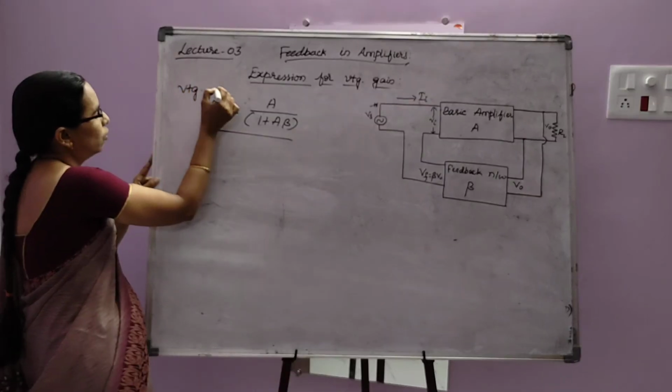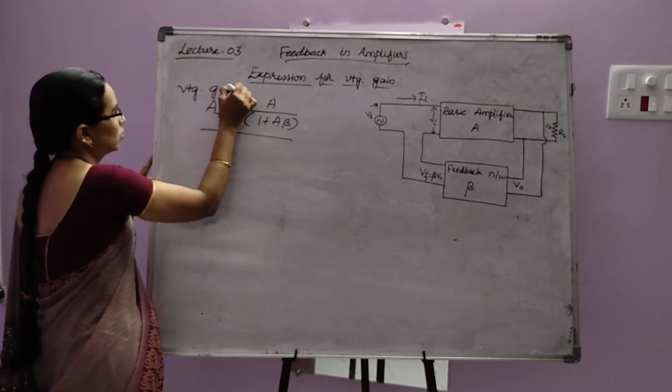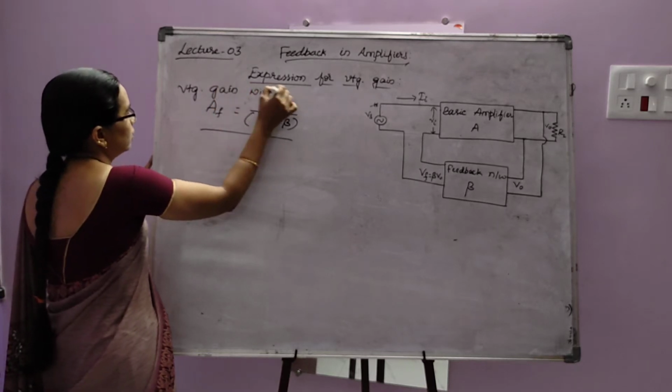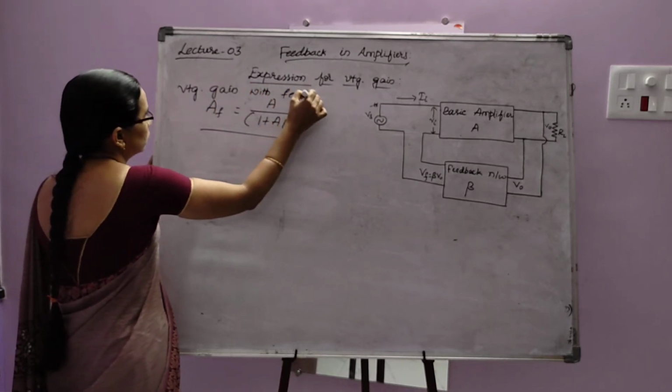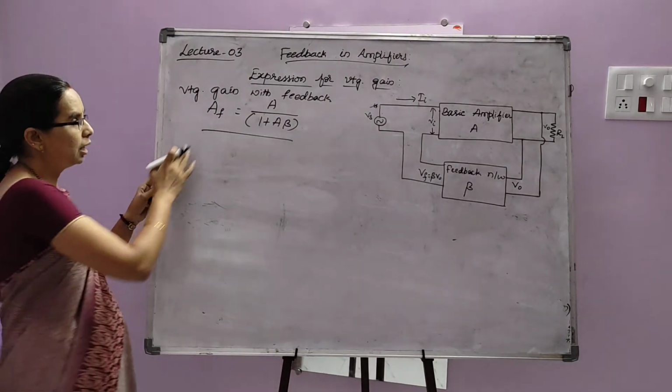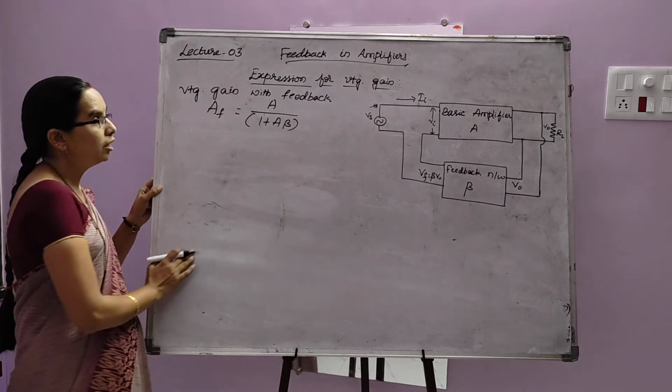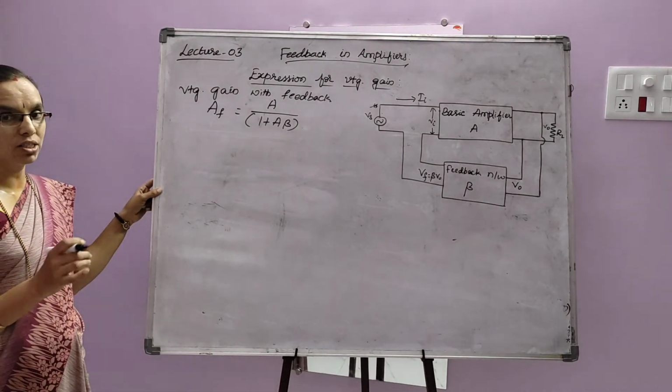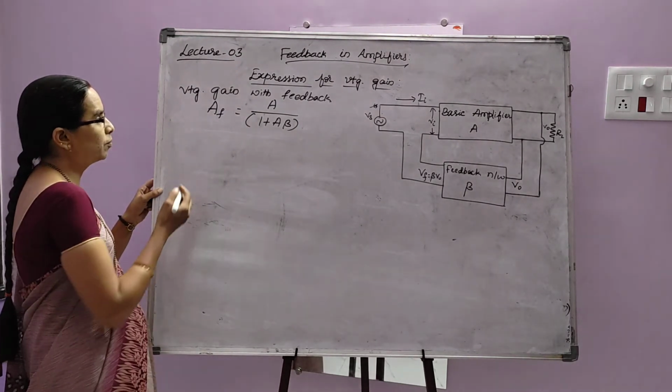We have voltage gain with feedback, AF is equal to A by 1 plus A beta. If the gain of the amplifier is changing, how can we achieve that?